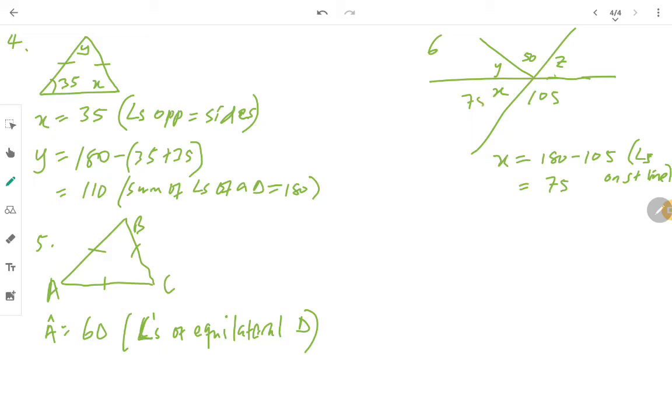So if this is 75 degrees, that means Z is also 75 degrees, vertical opposite angles. Then to calculate Y, we can use revolution or angles around a point. Or I can use angles on a straight line. So I can say Y is 55. Then I can say angles around a point. Revolution.